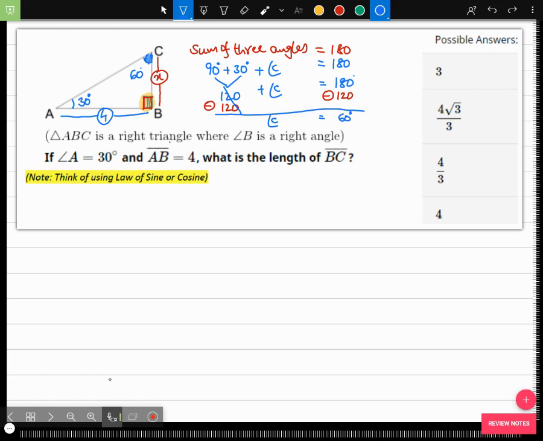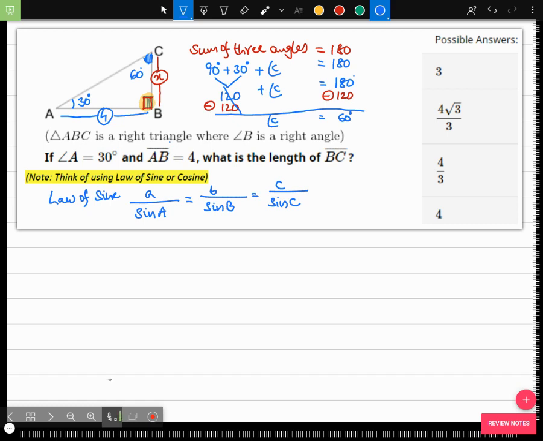Two angles and two sides are involved, so we have to go for law of sine. Law of sine says that a over sine A equals b over sine B equals c over sine C.